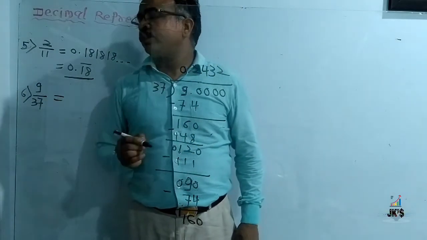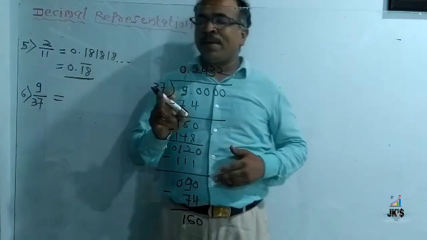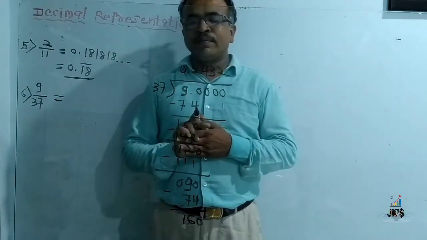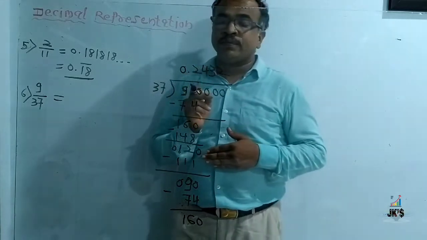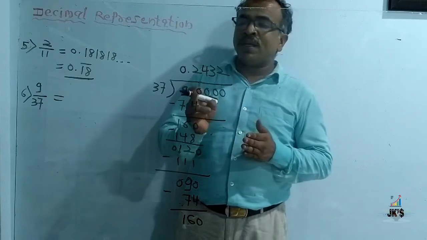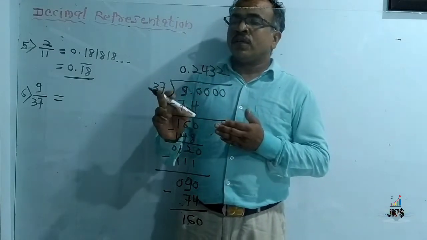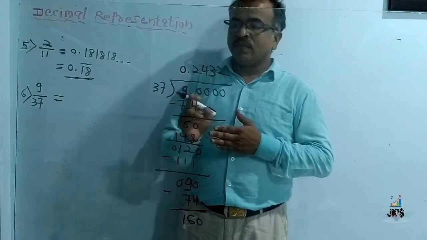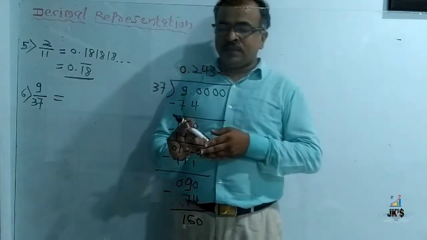Just see the sixth example, 9 upon 37. When we divide 9 by 37, obviously 9 is smaller than 37, so it is not possible directly. For that we take the decimal and take some zeros after that. 37 twos are 74. 90 minus 74 is 16. Next 0 is taken.